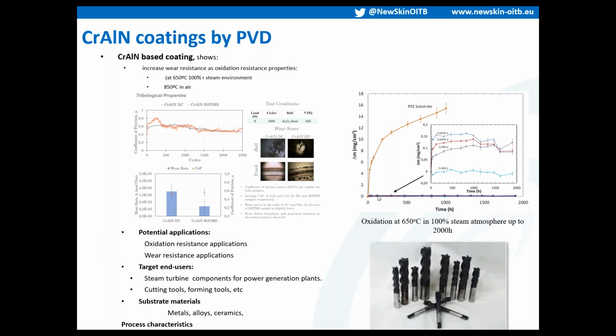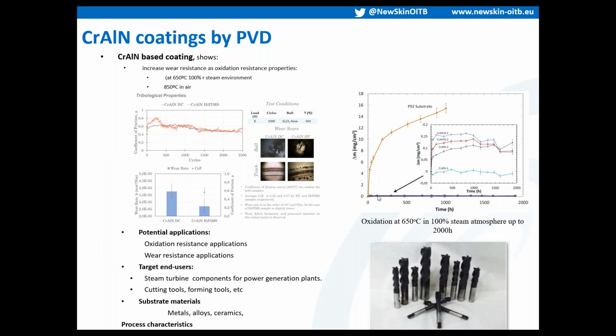Regarding the tribological properties, we compare these coatings synthesized by two different techniques, DC and high pulse mode. What we can see is that in the case of the coefficient of friction there are no significant differences, but in the case of the wear rate, we can obtain a decrease of this value. So the potential applications are oxidation resistant and wear resistant applications.